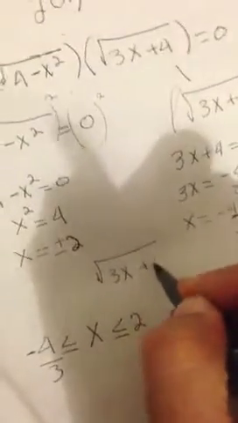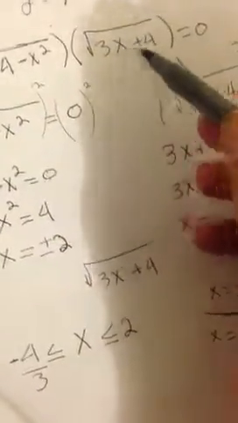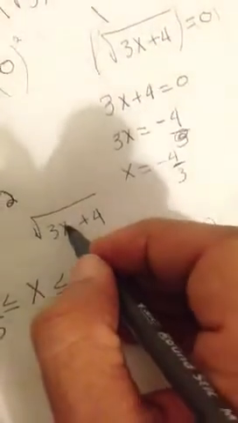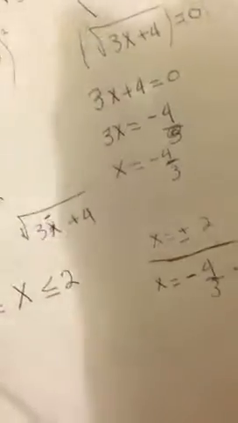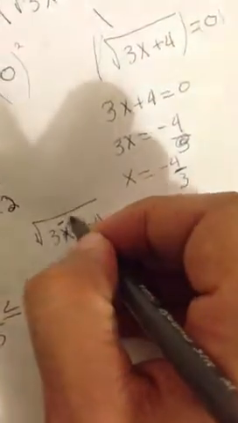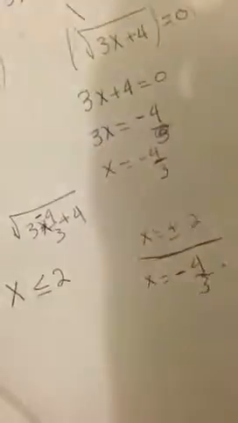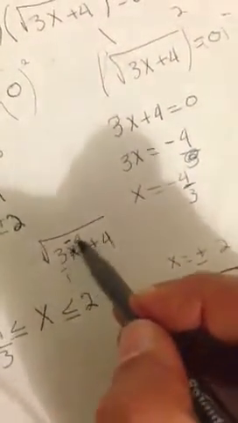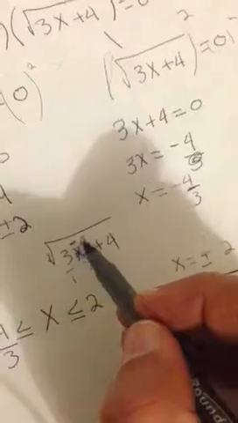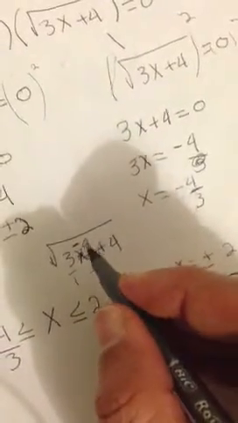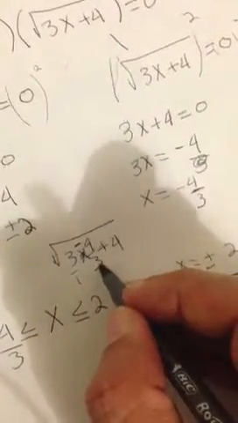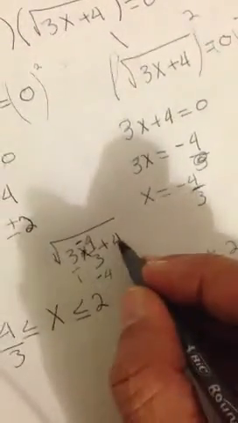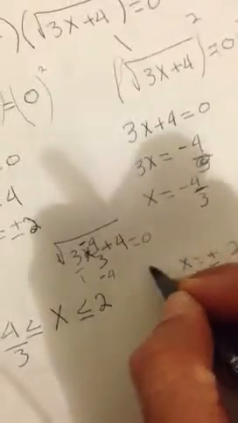3x plus 4, which is this one right here, and that's the result for it. So if we change the x to negative 4 over 3, let's see: 3 times negative 4 over 3 is what? Negative 12 divided by 3 is negative 4. Negative 4 plus 4 is equal to 0. So this is false.